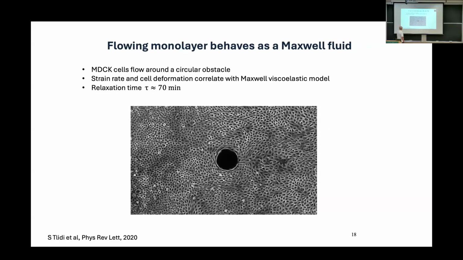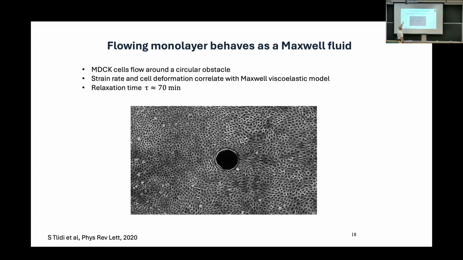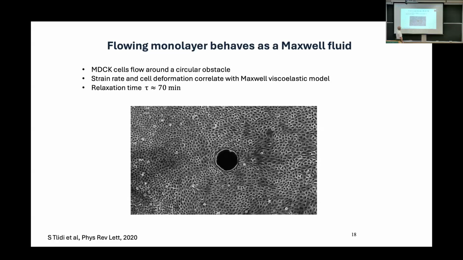The argument from this work was that with these canine kidney cells flowing past an obstacle, the constitutive relation is consistent with the Maxwell viscoelastic model. So it's not viscous and not solid, but more likely fluid. And the relaxation time of this Maxwell model would be about 70 minutes.